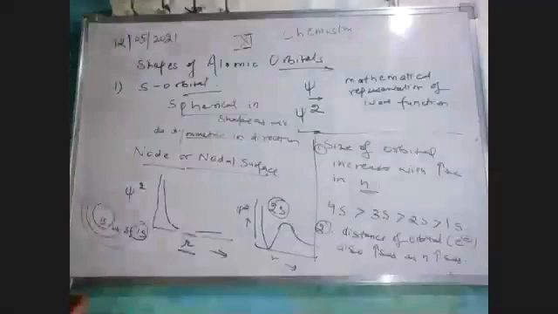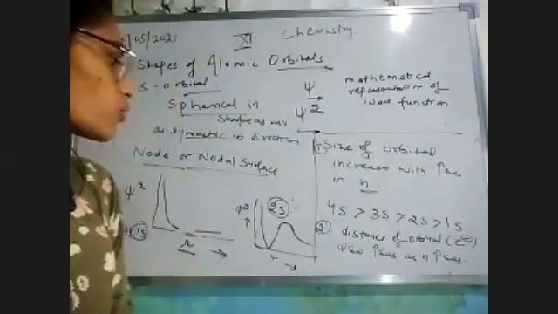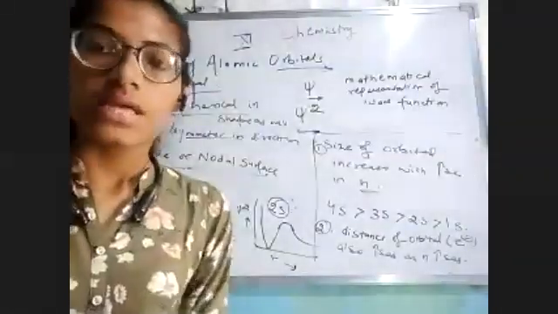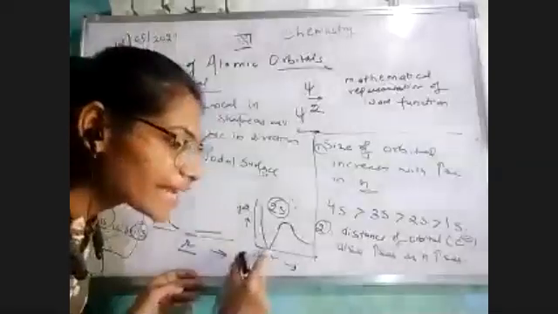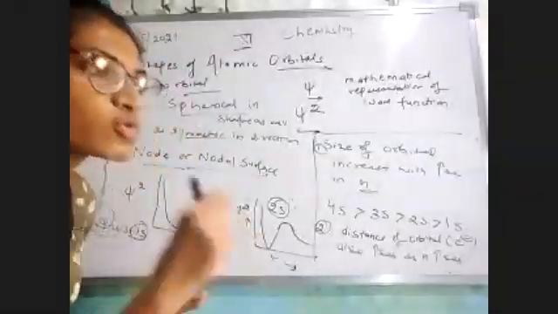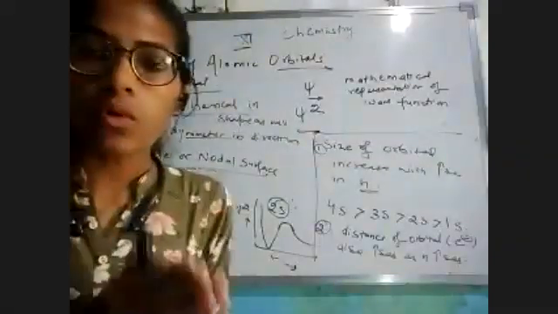Whenever we're talking about the node or the nodal surface, it actually means that the probability of finding an electron reaches zero, reaches minimum, and that is known as node or nodal surface.